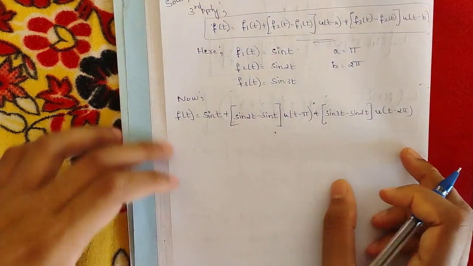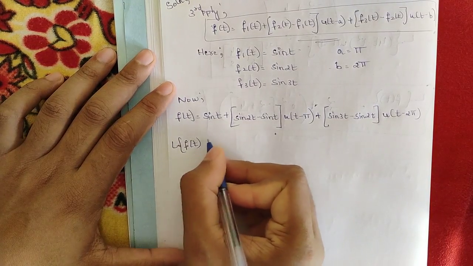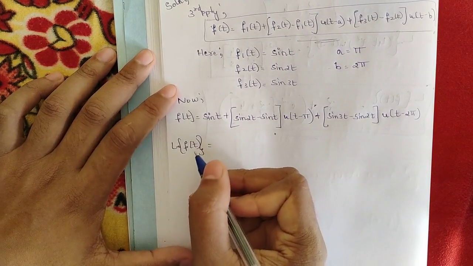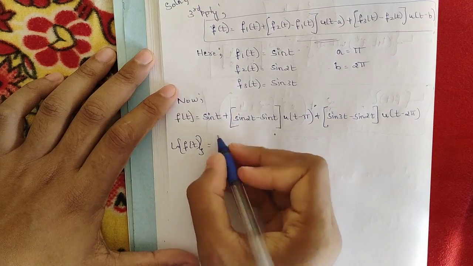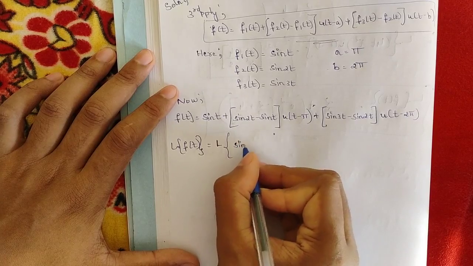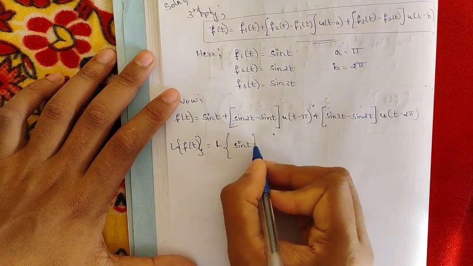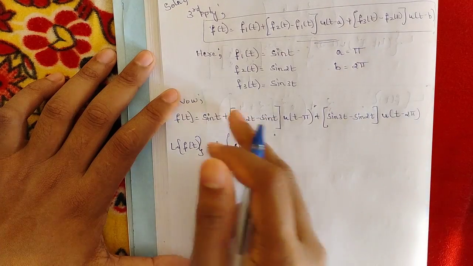Now you should take its Laplace transform, that is L of f of t is equal to Laplace transform of sin t. Split it along with the summations.